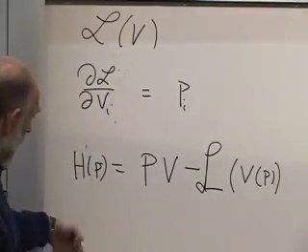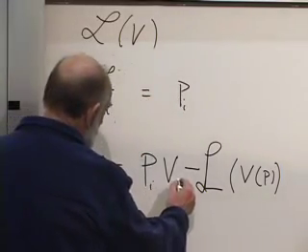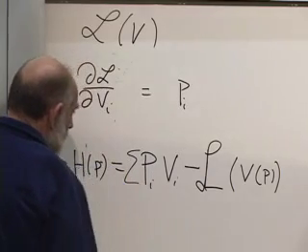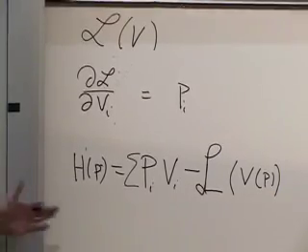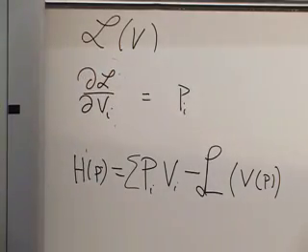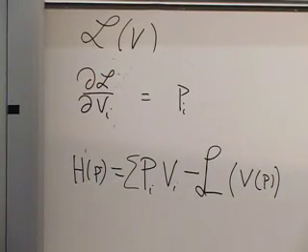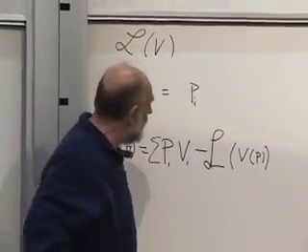H of P means H of all of the P's. And this becomes the summation over all of the I's, P sub I, V sub I, minus L. This may start to look familiar to you. Let's go through the same little derivation here.